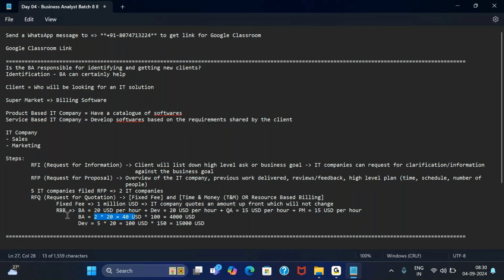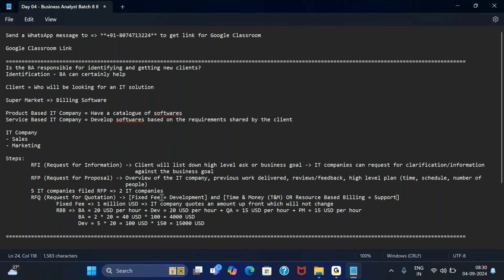We just give them an approximate detail, and based on the number of people your total value could go up or down. Now usually what IT companies do is, if it is a development project, they usually go for fixed fee. If it is a support related project, then they go for resource based billing or time and money.